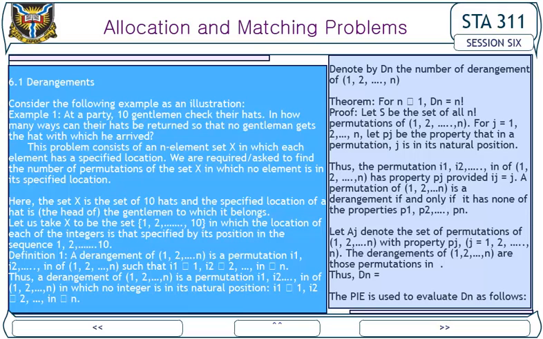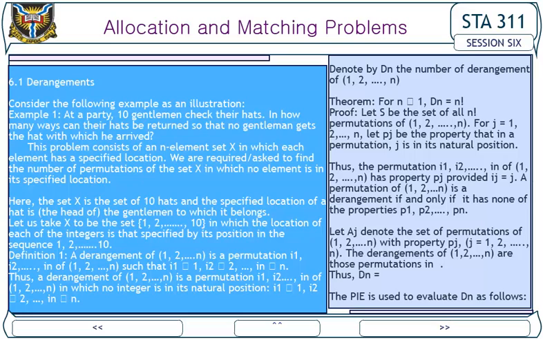Thus, a derangement of 1 to n is a permutation in which no integer is in its natural position. Denote by Dn the number of derangements of 1 to n.